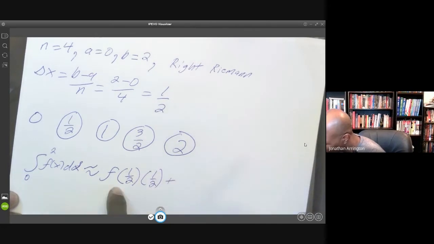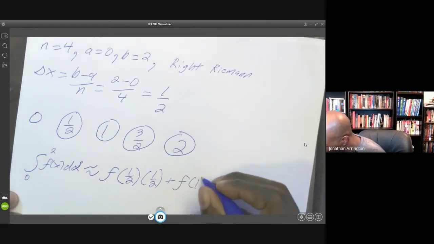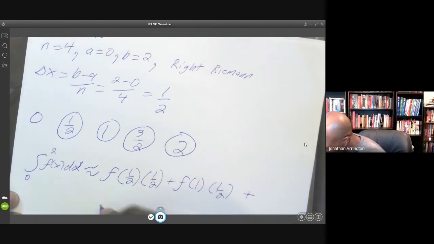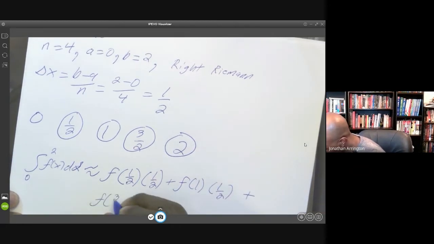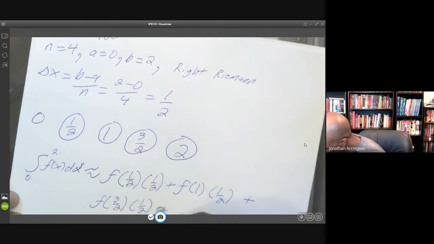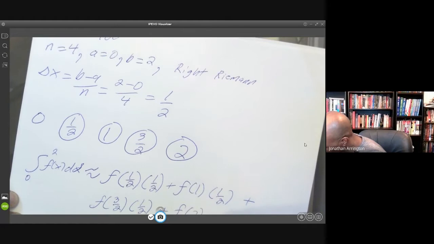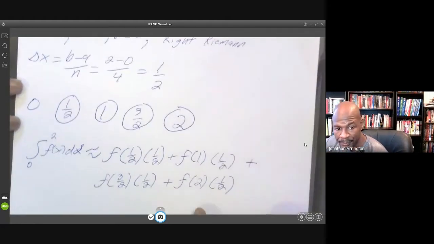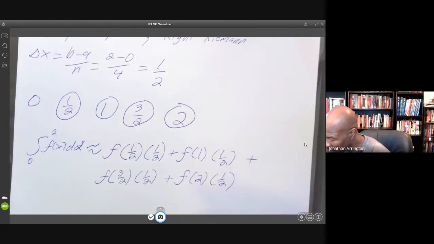So f of 1/2 times 1/2, f of 1 times 1/2, f of 3/2 times 1/2, and lastly, f of 2 times 1/2. And from there, we have to figure out the value of f of 1/2 and f of 1, etc., and just plug it in and do the arithmetic.